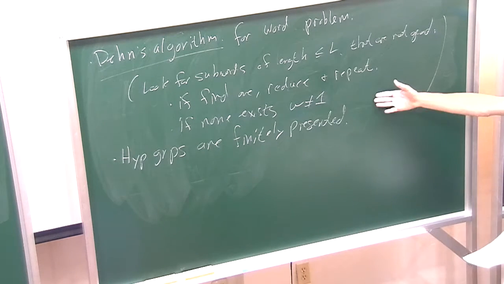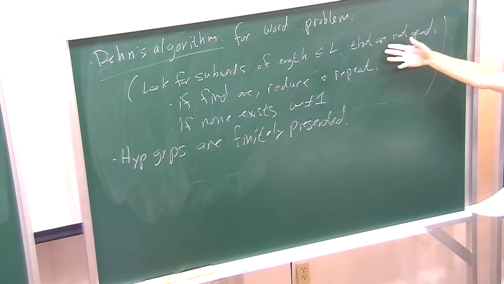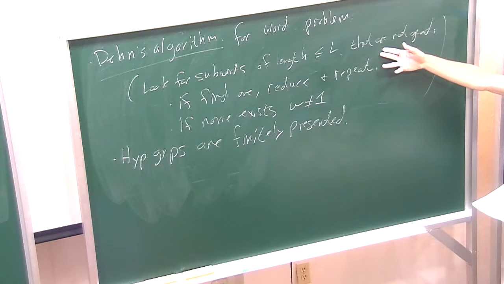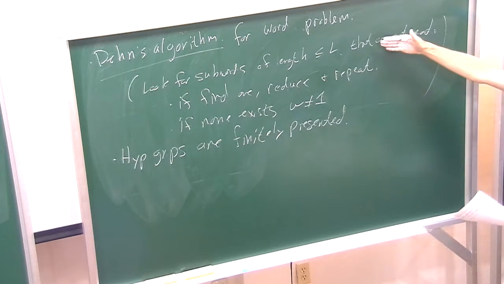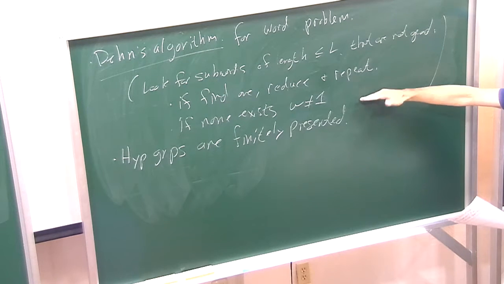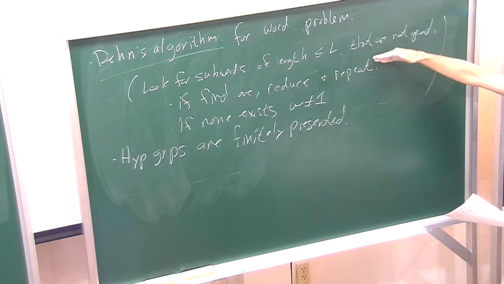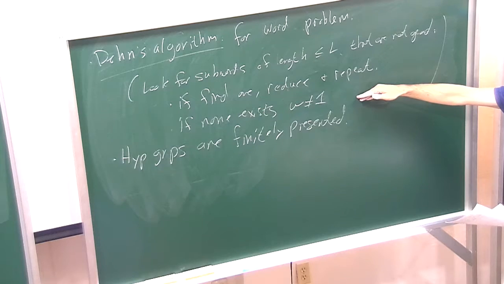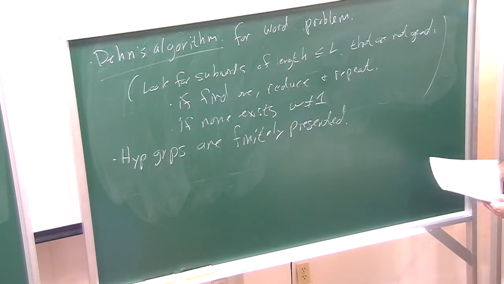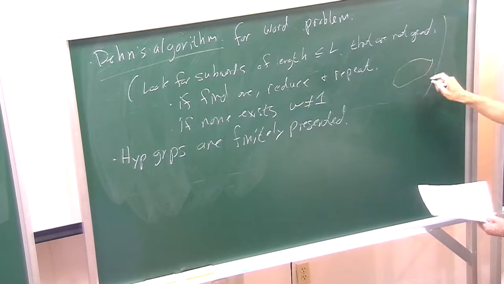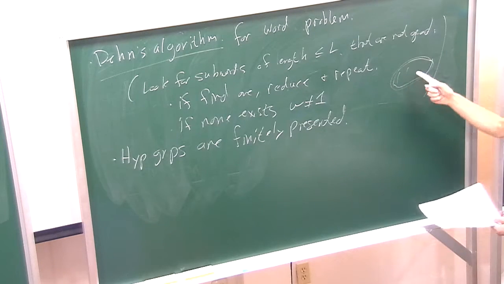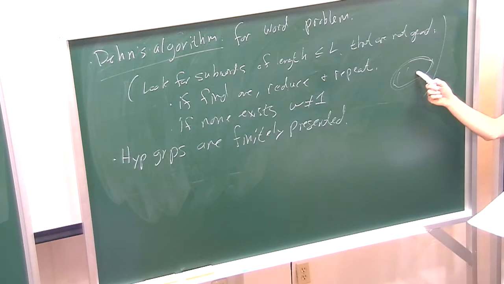You just look for words of length at most 2L that define the trivial element. If you think about what you're doing when you replace, you're changing a word of length less than L with a word of length less than L minus 1, so that path together with the replacement is an element of length less than 2L. And that's the only thing you're using to do the reduction.